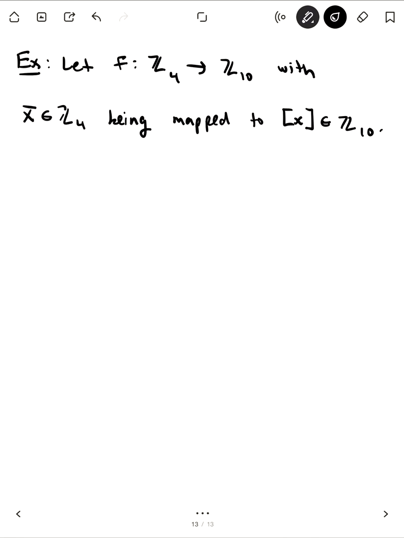Notice the different notation I've used for the equivalence classes in each of these two sets. And consider f of x bar mapped to 2x. So the equivalence class of x in the integers mod 4 is mapped to twice that element in the integers mod 10.